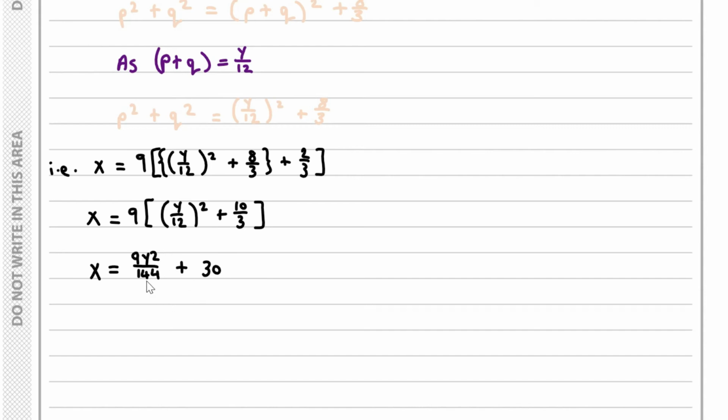And if we multiply through by 144, you can see that 9y² is equal to 144x − 144 times 30, that's 4320.